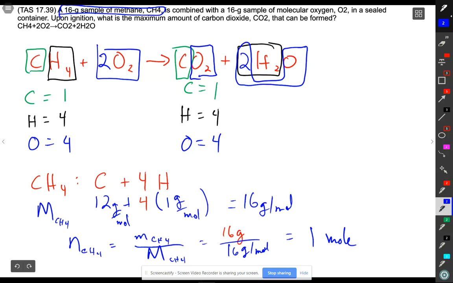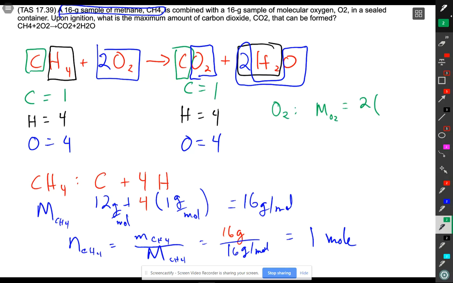Now we have to do the same for oxygen. So oxygen. The mass of 1 molecule of oxygen is 2 times, well, what is the mass of a single oxygen atom? So Bryson, you're closest.